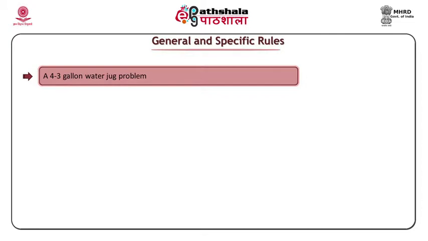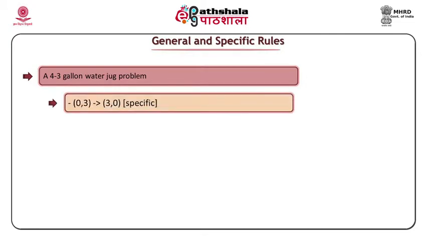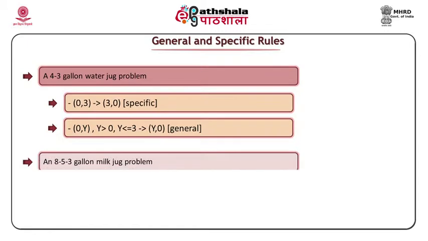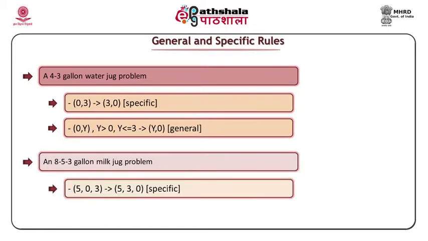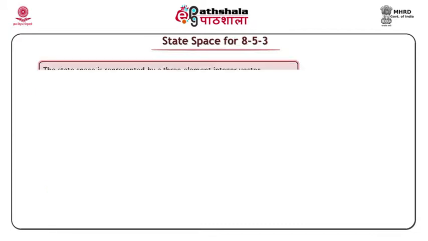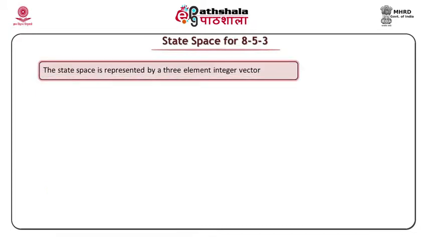A 4 3 gallon jug problem has 2 rules, one is specific, the other one is general. The 8 5 3 gallon milk jug problem again has a specific and a general rule, and also a state space representation. Now look closely at this representation of the 8 5 3 gallon jug. We are only using a 3 integer vector x, y and z. We say that the state space is represented by x, y, z, where x plus y plus z is 8.